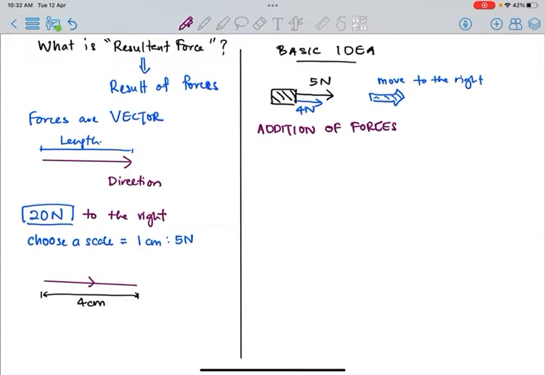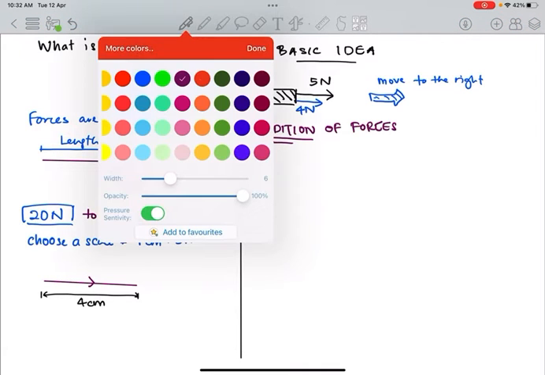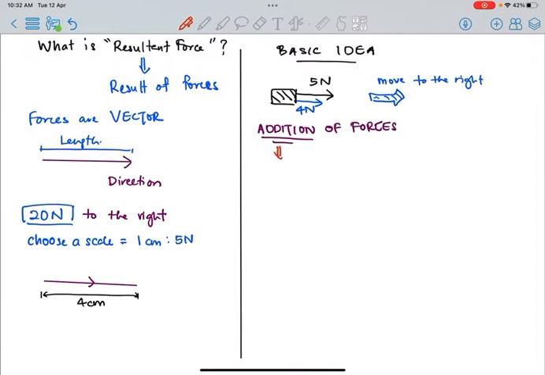Why do we call it addition? Because both forces are acting in the same direction. As long as all the forces you are concerned with are acting in the same direction, whether to the right or to the left, we will add those forces.